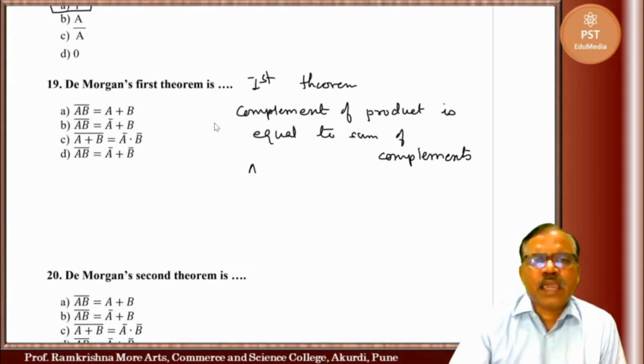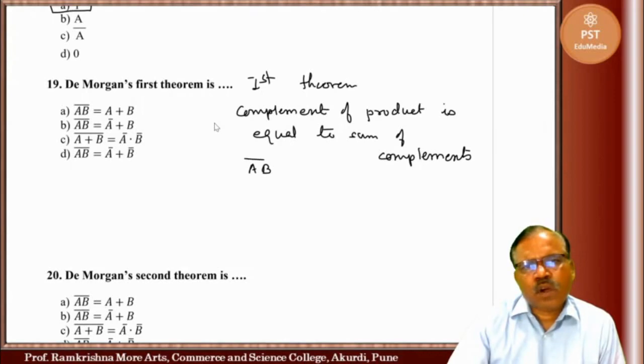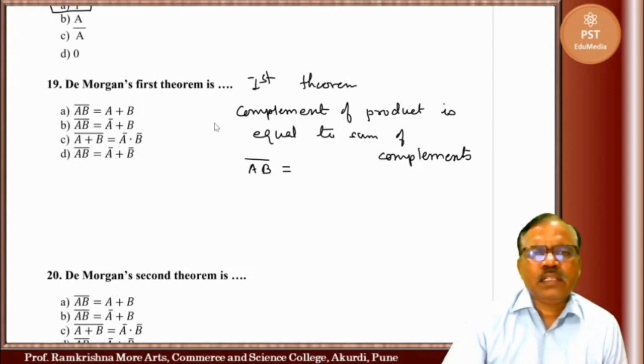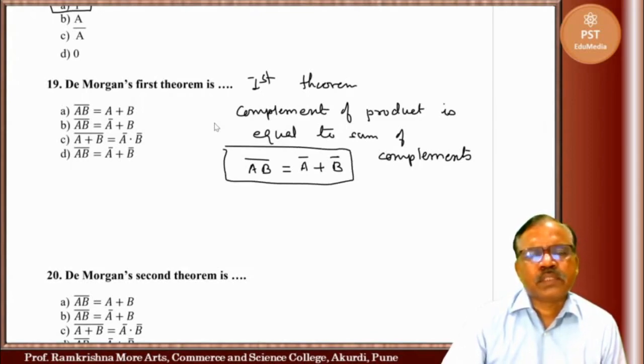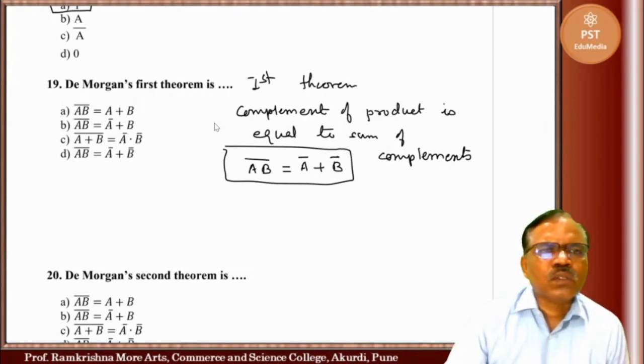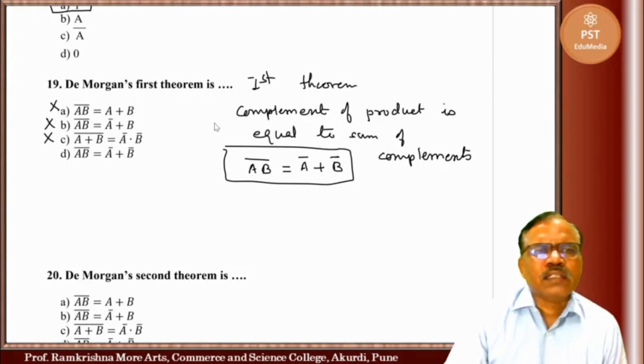So here, A, B, we take two inputs, then complement of product is equal to sum of complements. This is the first law. So out of these, this one is not correct, this is not correct, this is not correct, this one is correct.